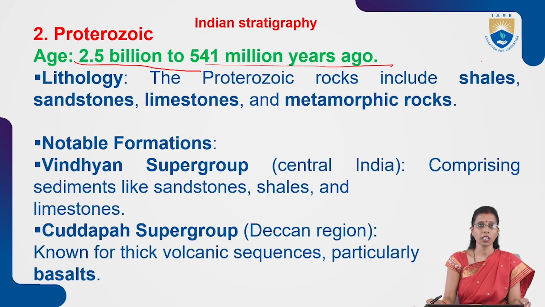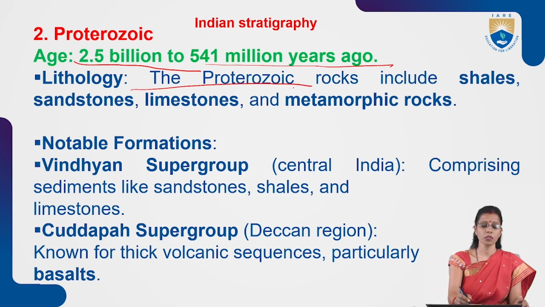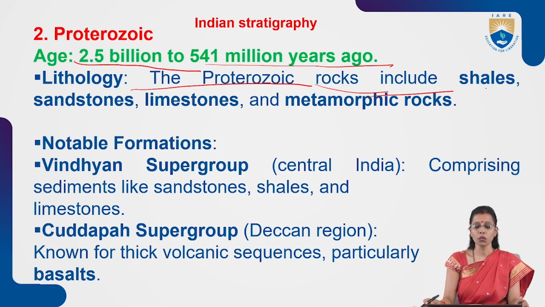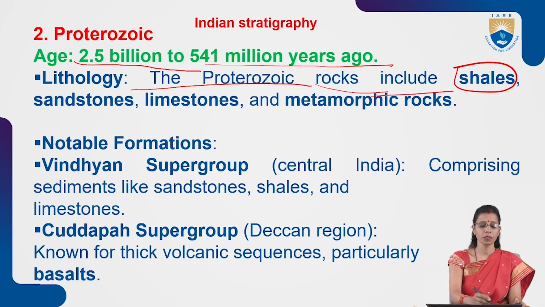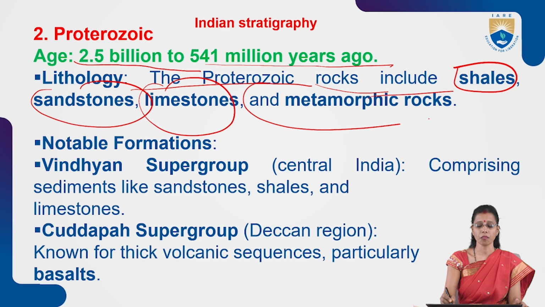So this was the age where the formation of the rock took place, 2.5 billion to 541 million years ago. Now in this lithology, what kinds of rocks were found in this age? Let us see. It has shale, sandstone, limestone and metamorphic rocks.